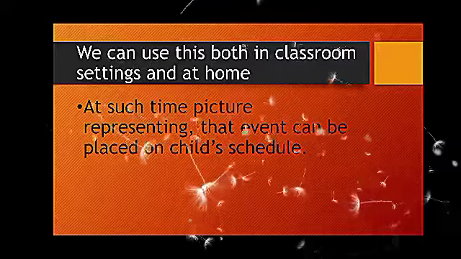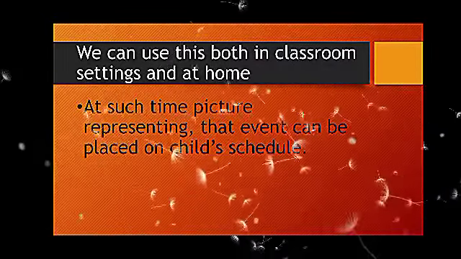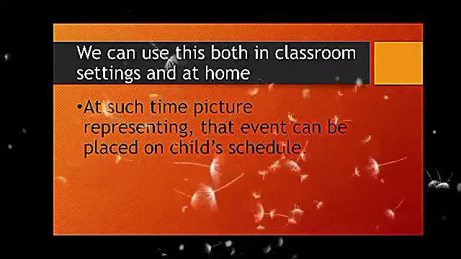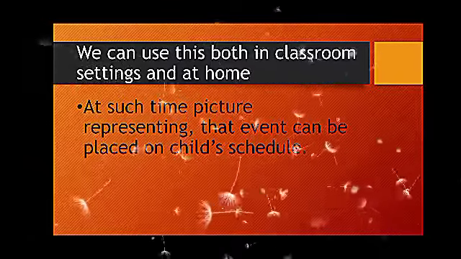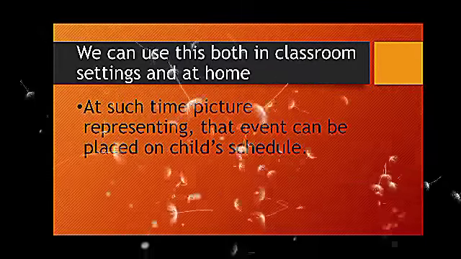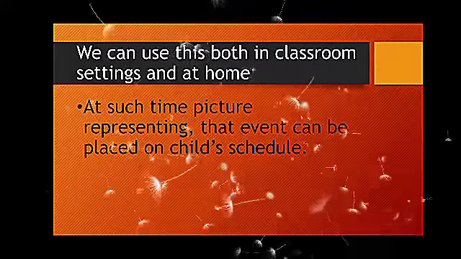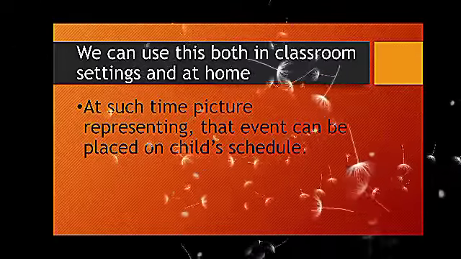In this case also we can do, from 11 to 1 I said maths, so a maths picture. From 1 to 2 we will do English, so an English picture. In this case, for the English picture, like making sentences, we can write a sentence and include it.